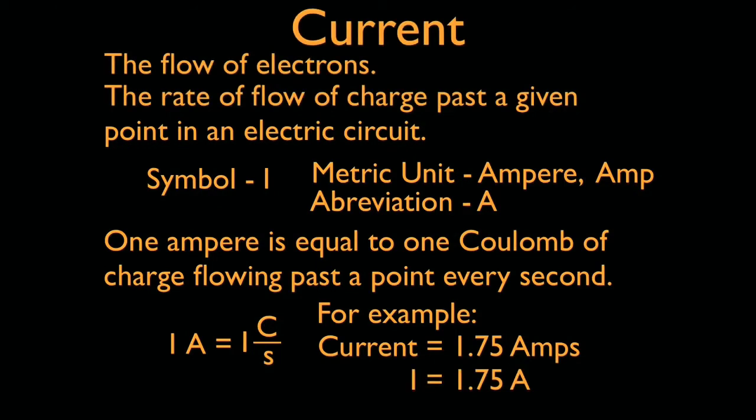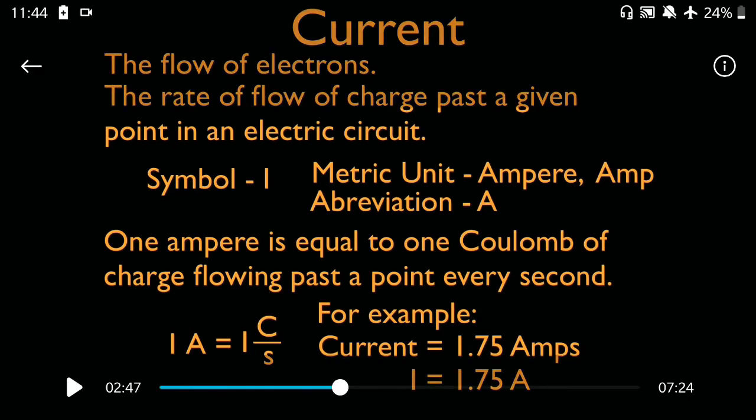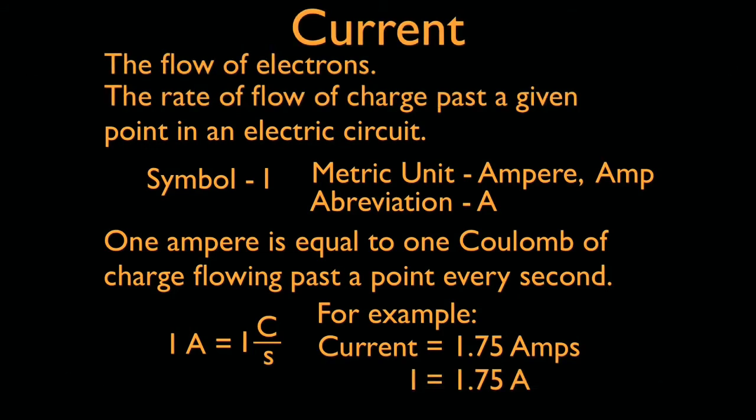The next definition is current. Current is nothing but free flow of electrons. In a general sense, current is defined as free flow of electrons, but technically speaking, current is flow of charge carriers.